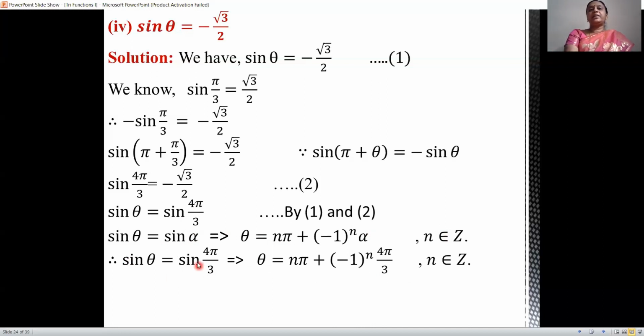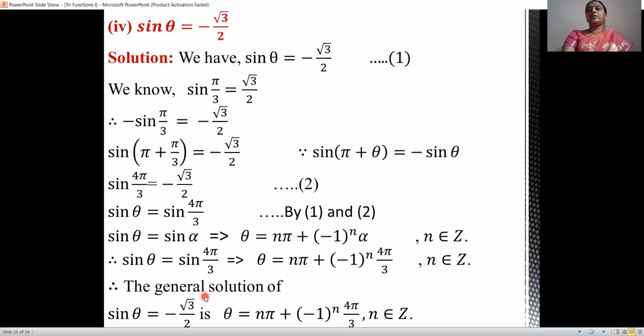Now sine theta is equal to sine 4 pi by 3. What is the value of sine 4 pi by 3? That is minus root 3 by 2. If I keep here the value of sine 4 pi by 3 as minus root 3 by 2, what I will get? I will get sine theta is equal to minus root 3 by 2. That is our problem.